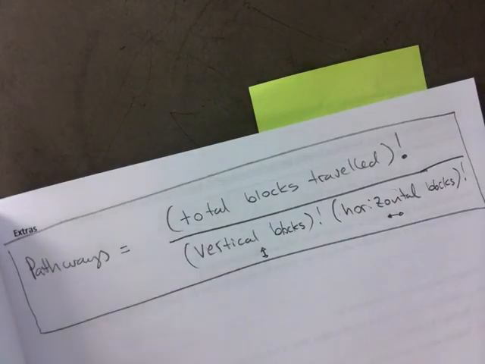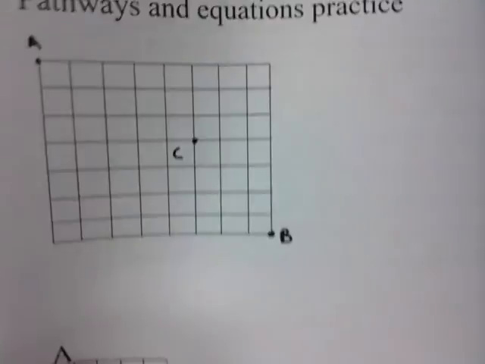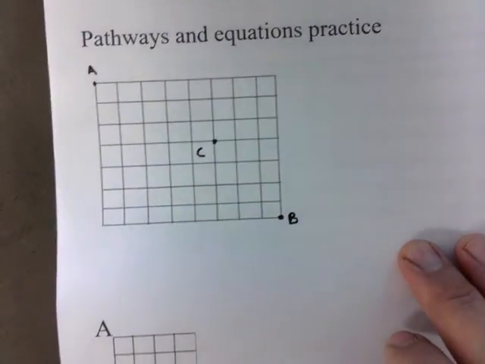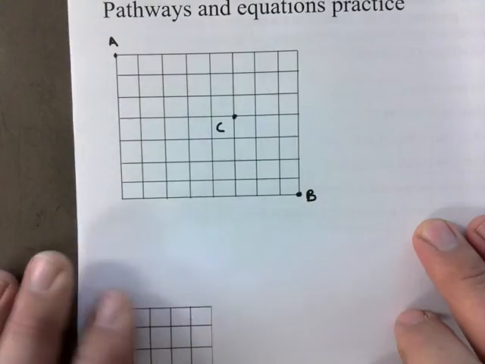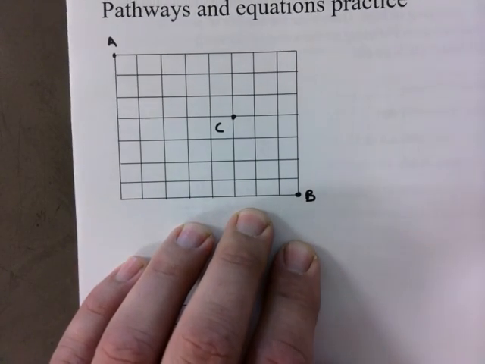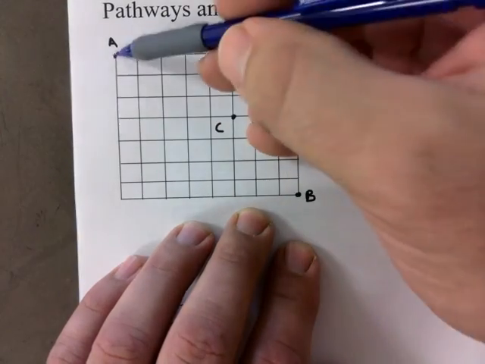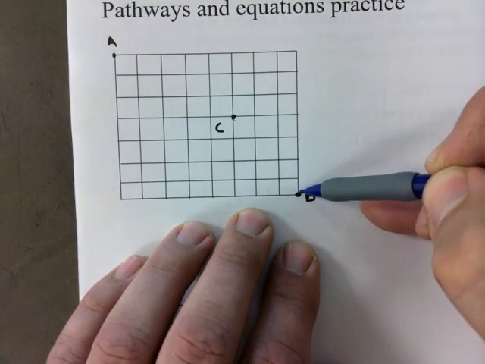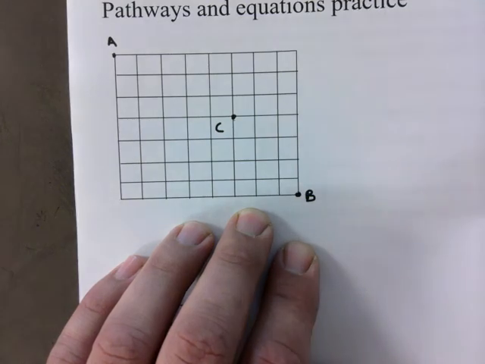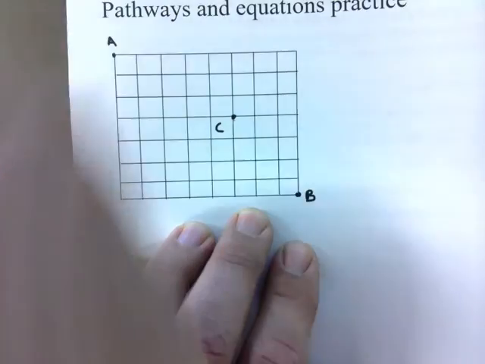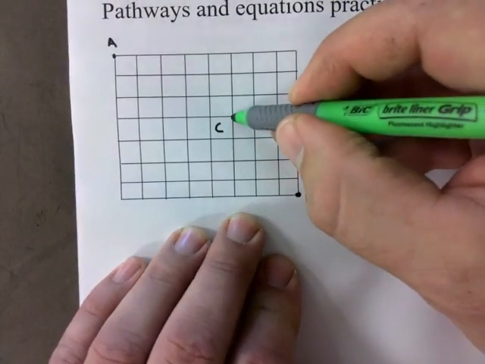Oh yeah. Can you go to 37 with me real quick? I did that because the province did that one year. Go to 37. Look at this. It's a big grid, and you have A, C, B, right? What you need to do in those cases is imagine the blocks.